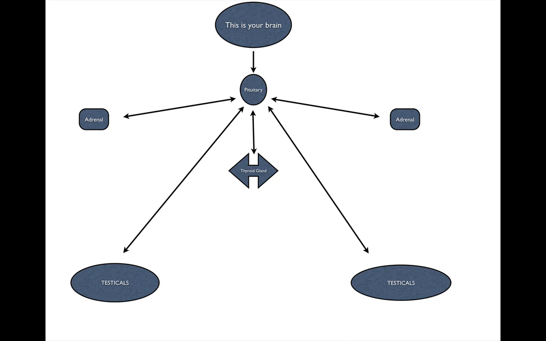This whole cascade of events is called the hypothalamus pituitary thyroid, the hypothalamus pituitary adrenal, and the hypothalamus pituitary gonadal axis. We use the term gonadal axis for the testicles because the same thing holds true in women with ovaries. So what we're really talking about here is the HPG, or the hypothalamus pituitary gonadal axis.